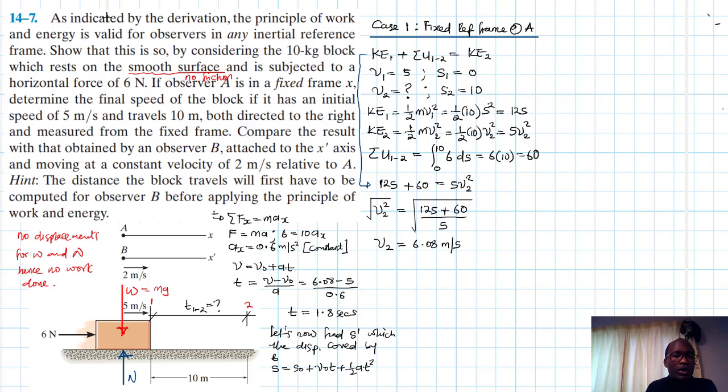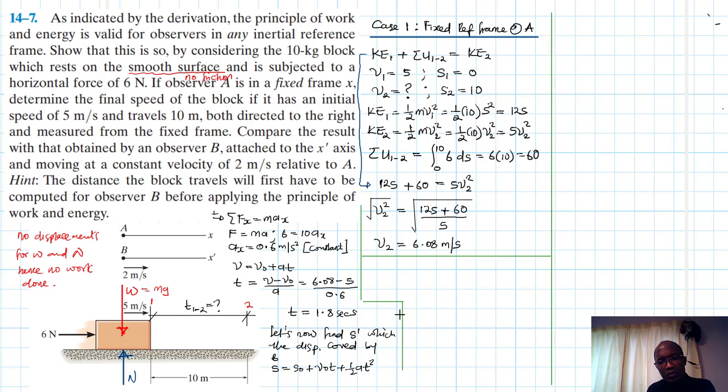So let's come here. Let's create a boundary here and we move to, so we know that here our s is what we are looking for, unknown. S naught is equal to 0.